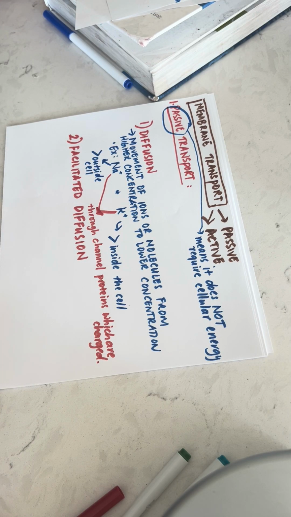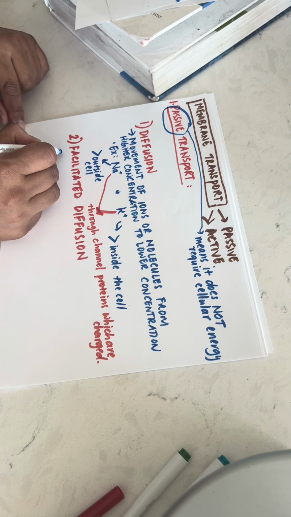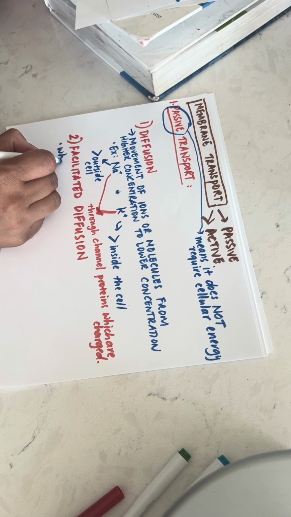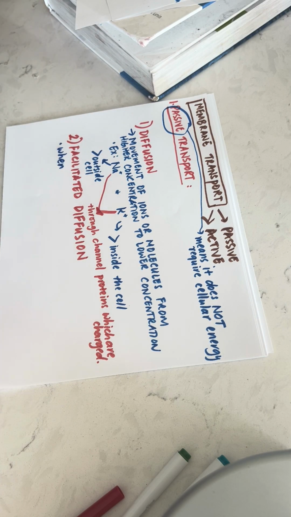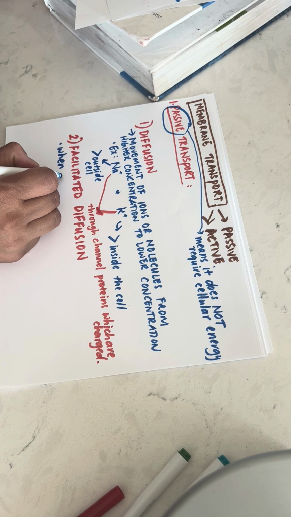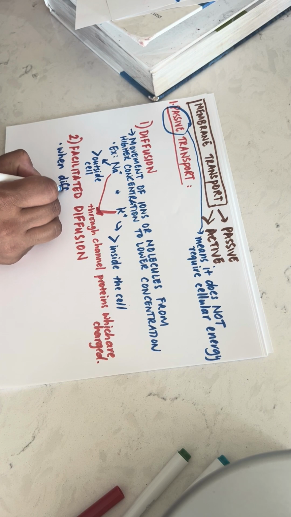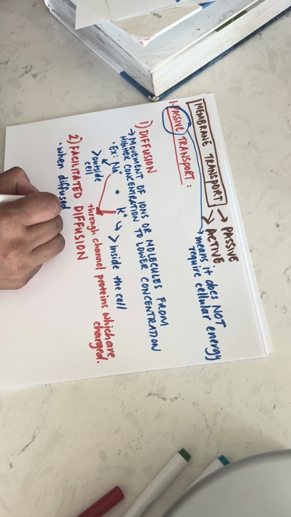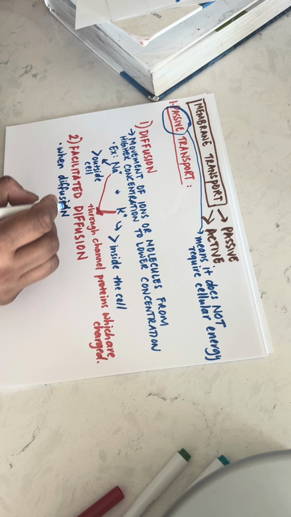Now, the second thing we're going to talk about is facilitated diffusion. This is when diffusion occurs with mediated transport. What does mediated mean? Mediated means that it's helped. The transportation is helped.